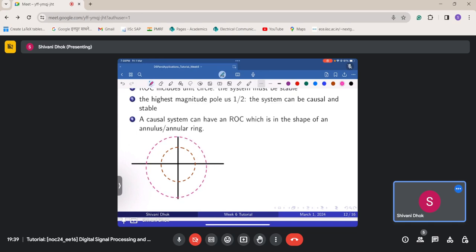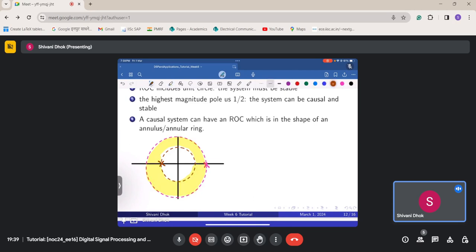So this pole is here and this pole is here, and I'm having an ROC something like this.